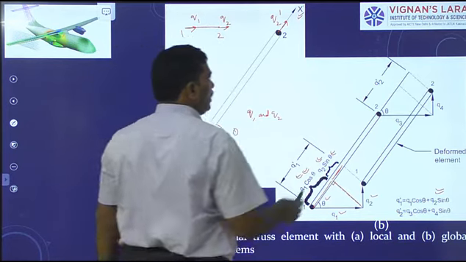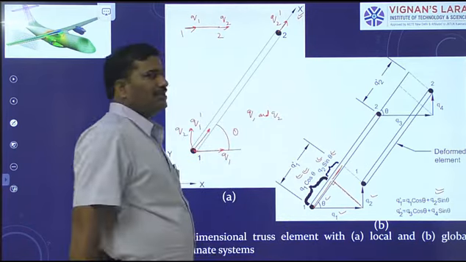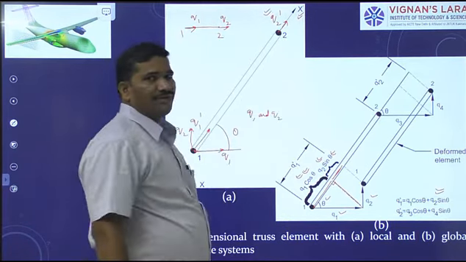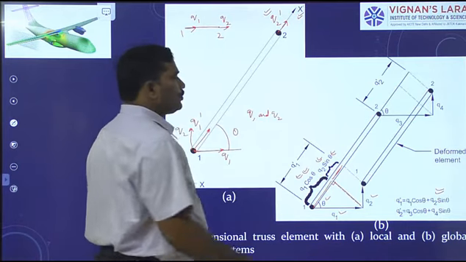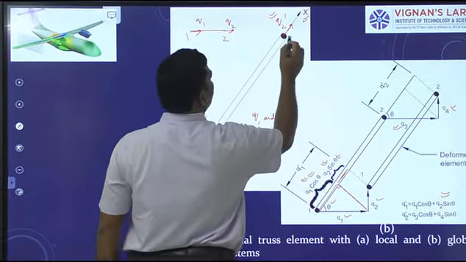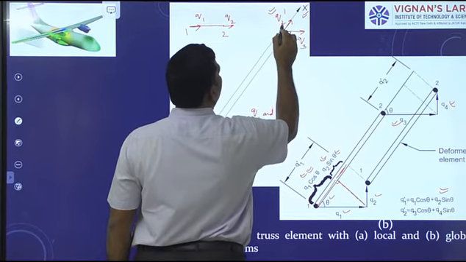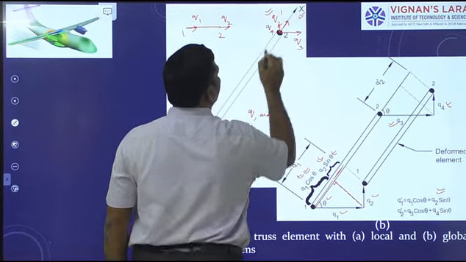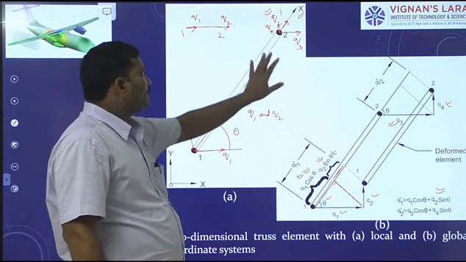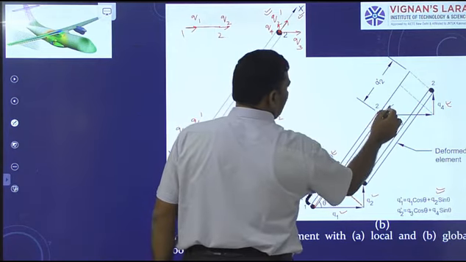Next, the displacement of node 2 in the direction of x dash I want. That is Q2 dash. How do you get Q2 dash? It results from the vector sum of Q3 and Q4. Q3 is the horizontal displacement of node 2 and Q4 is the vertical displacement of node 2, with respect to the assumed reference frame. Again, this is theta.